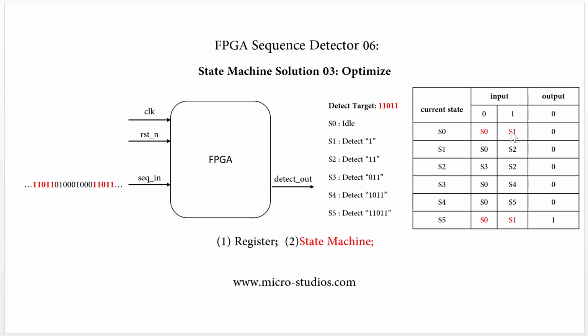So we can change the code a little bit. We can remove the S5 state. Let's change our code.